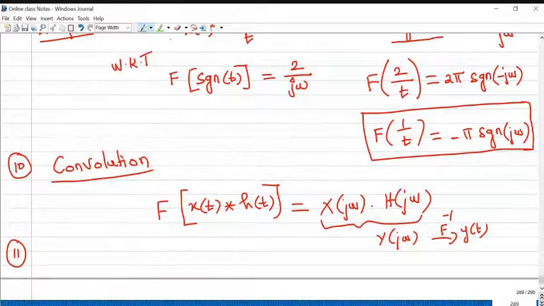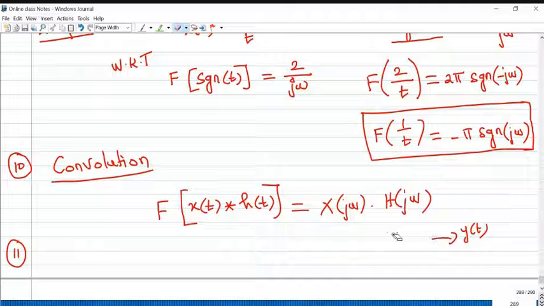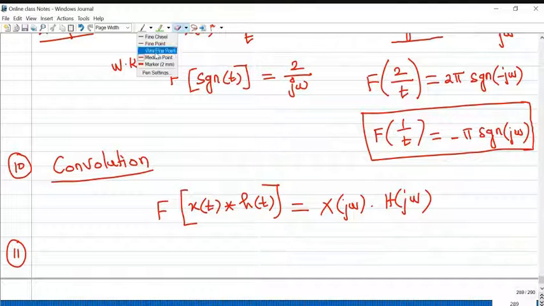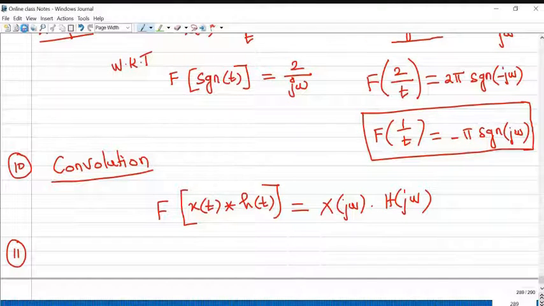So the number of computations in the frequency domain is very, very small when compared with the time domain. This is one example. What are the advantages of processing the signal in the frequency domain? It reduces the complexity.